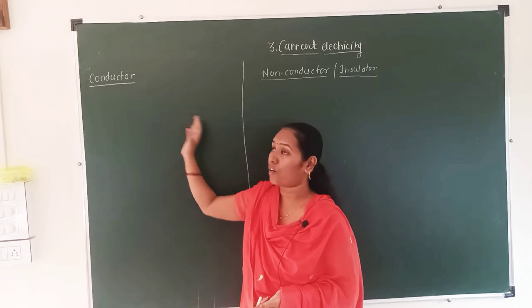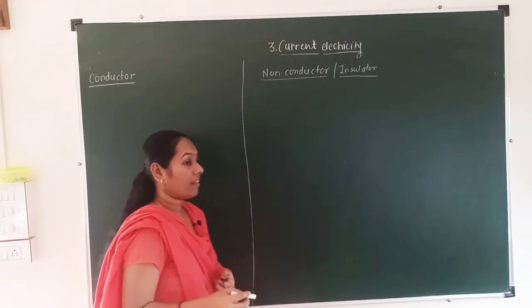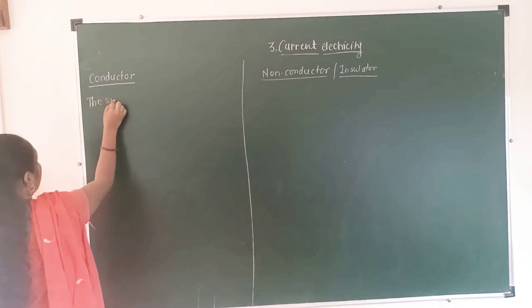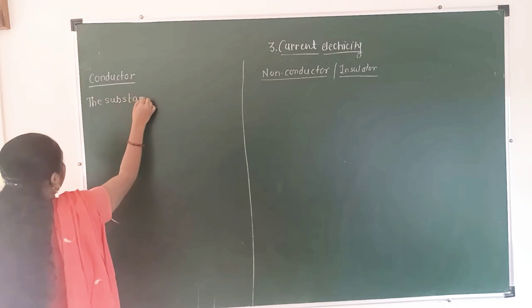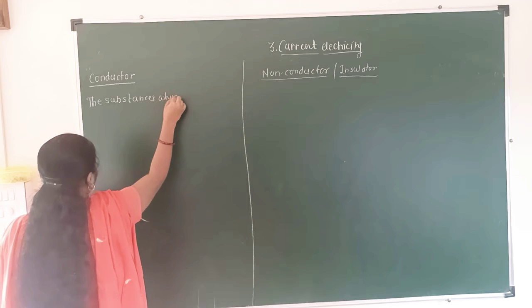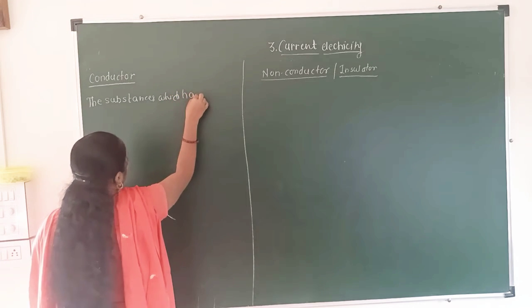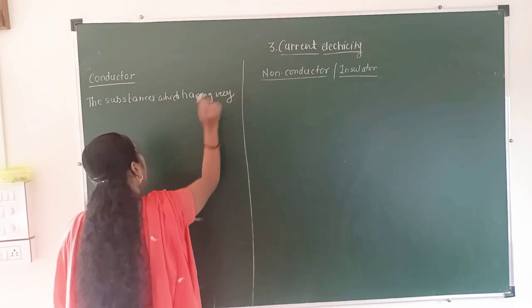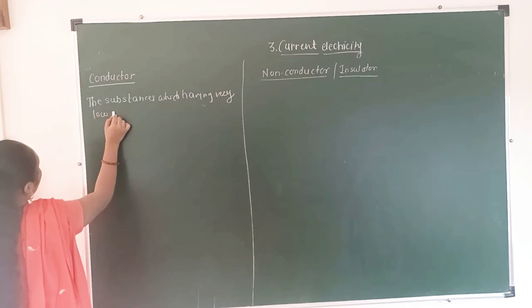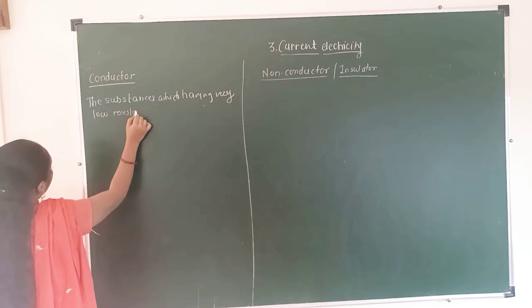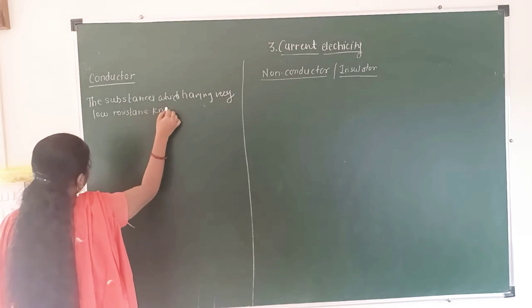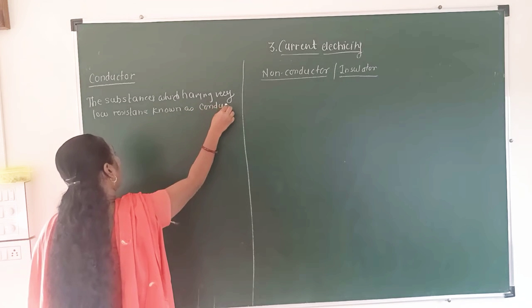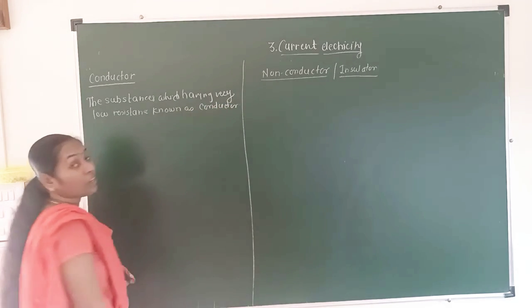So the definition of conductor: substances having very low resistance are known as conductors. And all of you know the meaning of resistance.